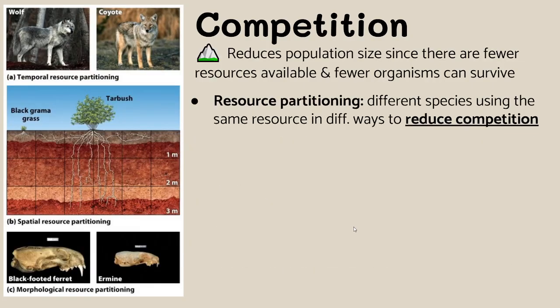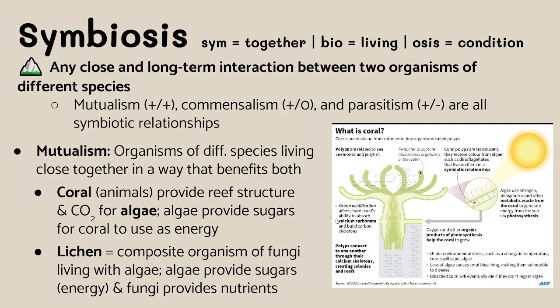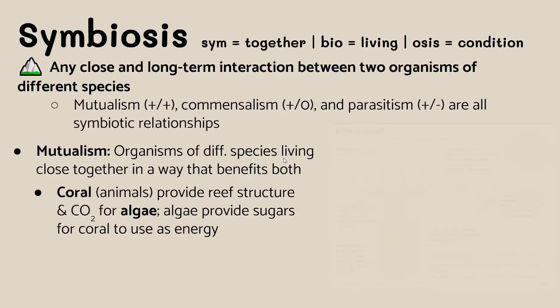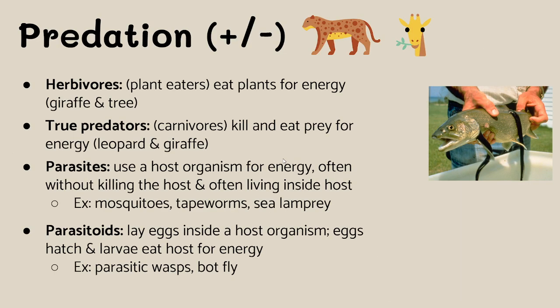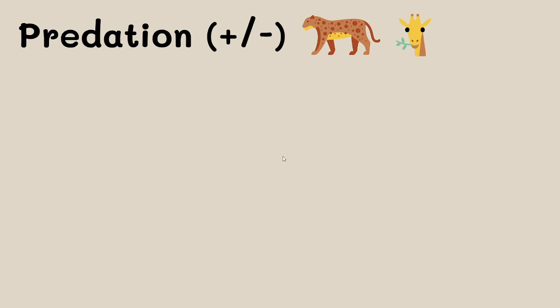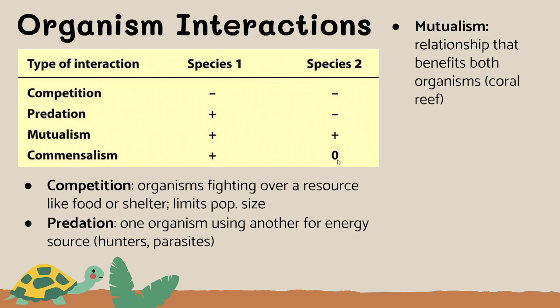Going back 1 second, because I realized that the only thing that wasn't highlighted specifically in here was the idea of commensalism. So in commensalism, simply put, we have organisms where one is going to benefit and the other organism receives no benefit from the interaction. So sharks and remoras are a good example of this.